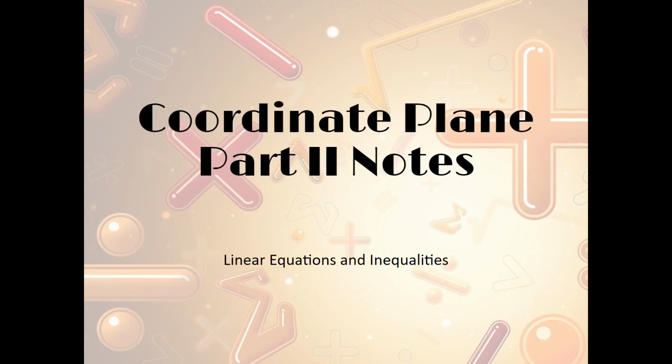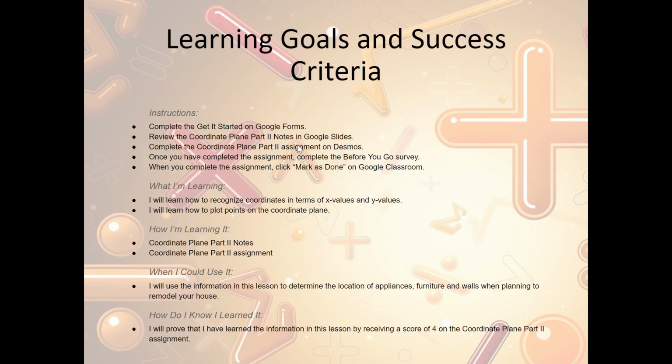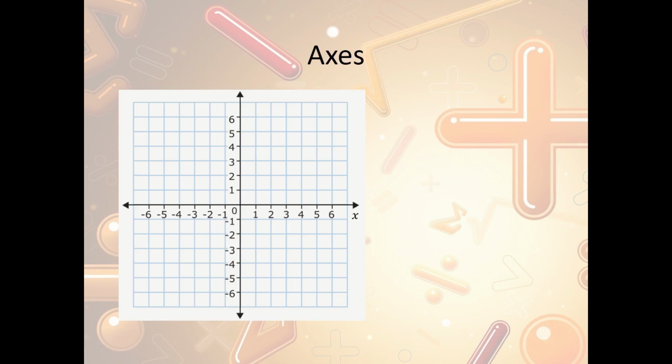Let's take a look now at the coordinate plane part 2 notes. We begin here with our learning goals and success criteria. Now let's take a look at axes. Within the coordinate plane, we should notice that there are lines that break up the x and y values.